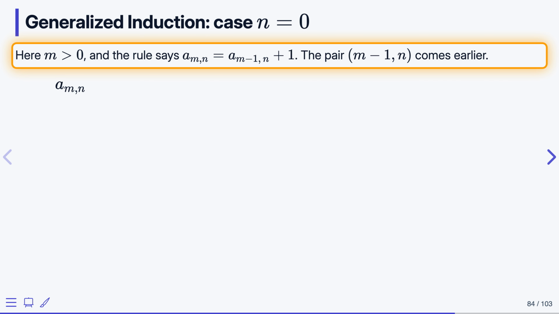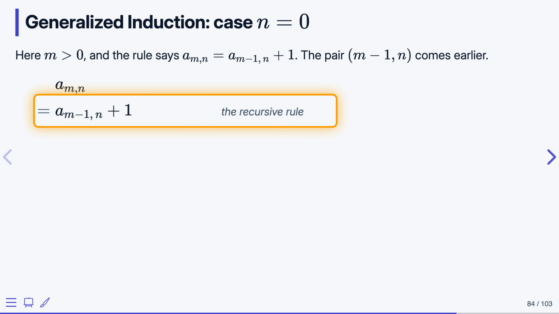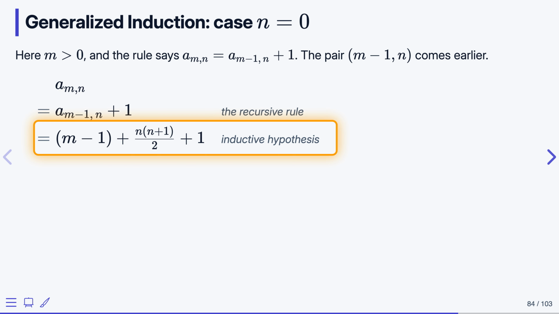Take the first case. Here n is 0 and m is bigger than 0. The pair m minus 1, n comes earlier in dictionary order. We start at a sub-m,n. Step 1. The rule says a sub-m,n equals a sub-m minus 1,n plus 1. Step 2.